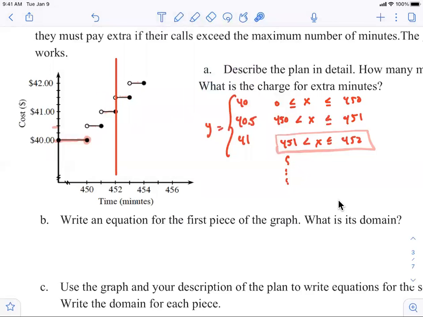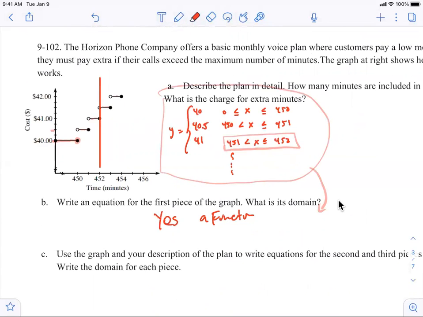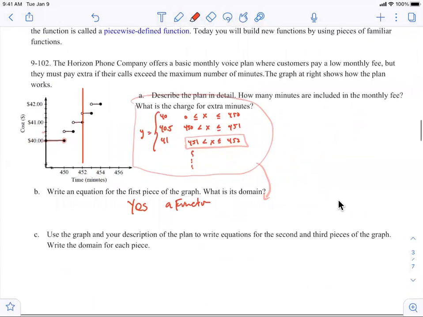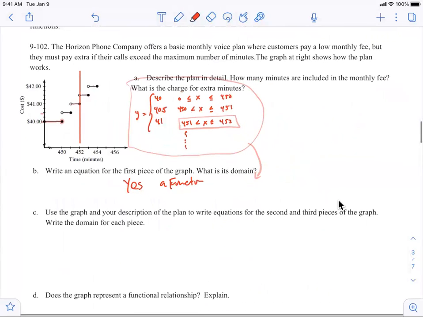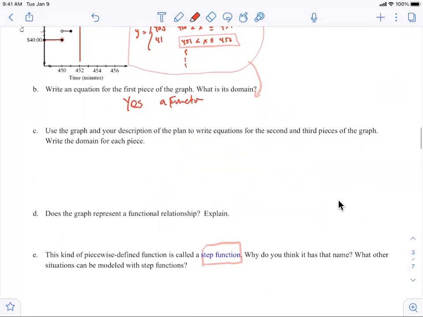No, because it's not inclusive. So this is, yes, a function. And this really is the answer for this one. And this is called a step function. So just keep in mind, this is called a step function.